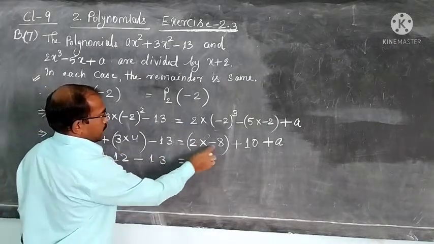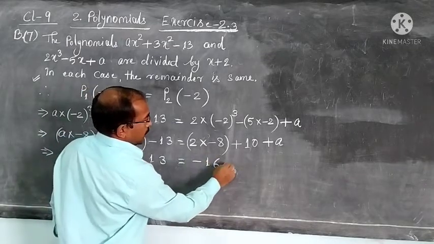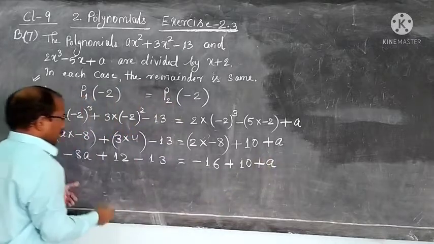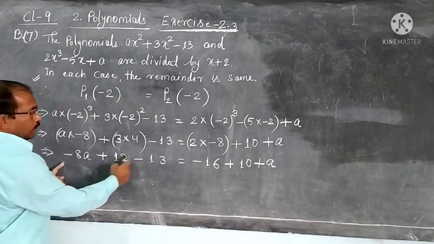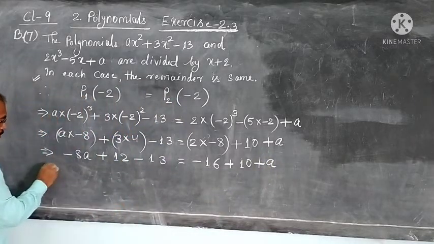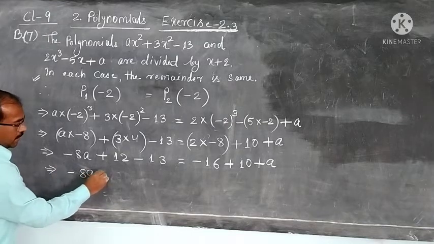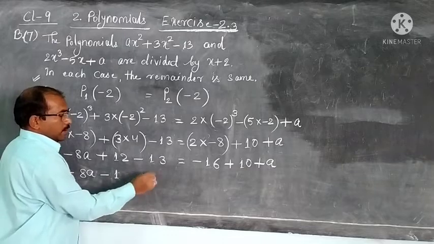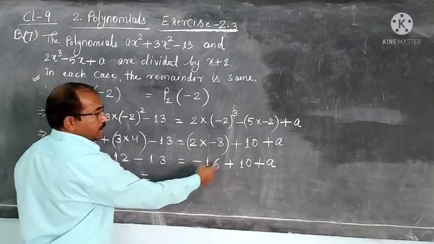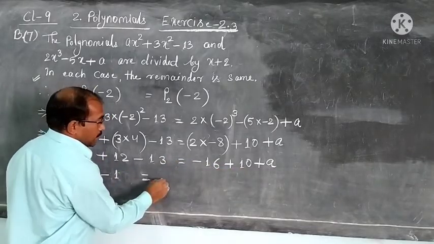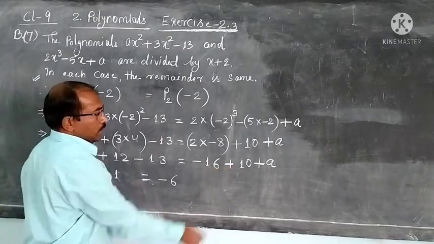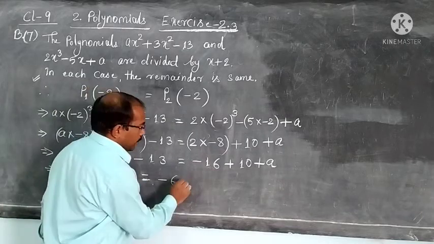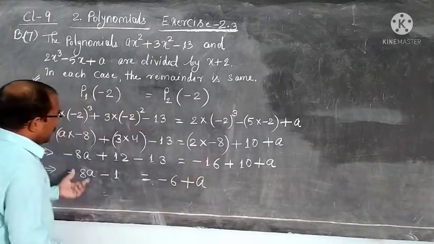On the RHS, minus 16 plus 10 plus a. Here we get minus 8a, and 12 minus 13 is minus 1, since the bigger number is 13. Minus 16 plus 10, here also 16 is bigger, so we subtract and take the sign of the bigger number, plus a.